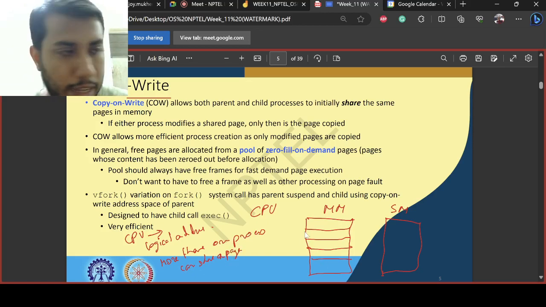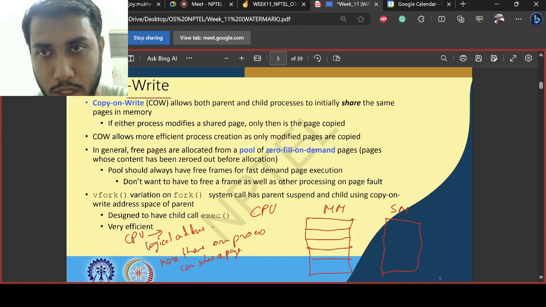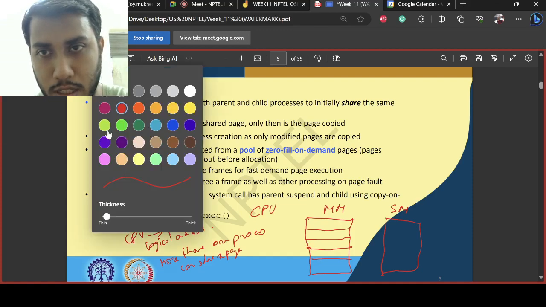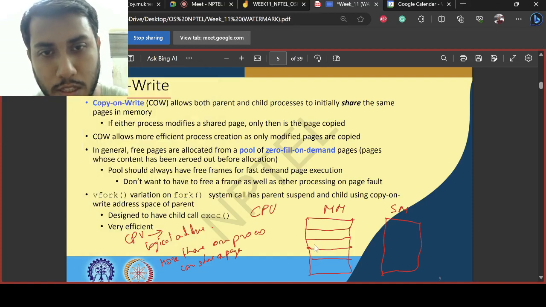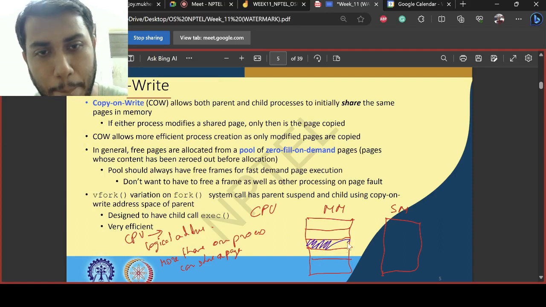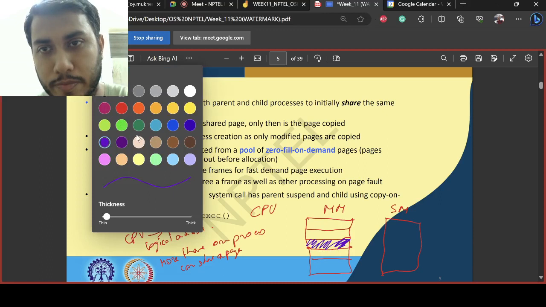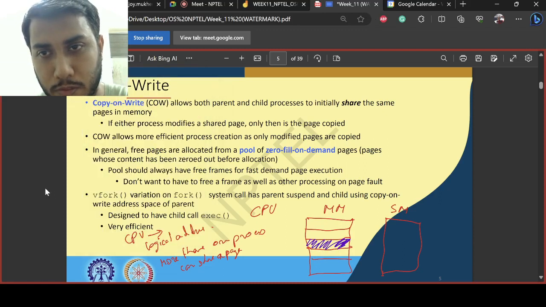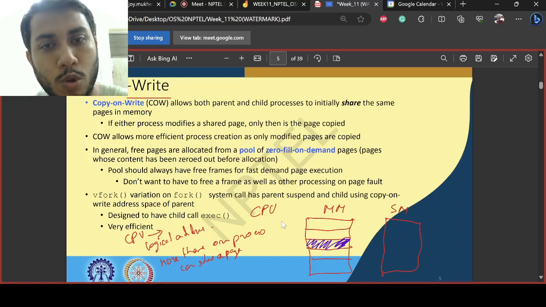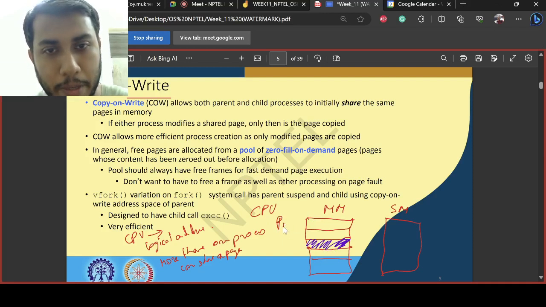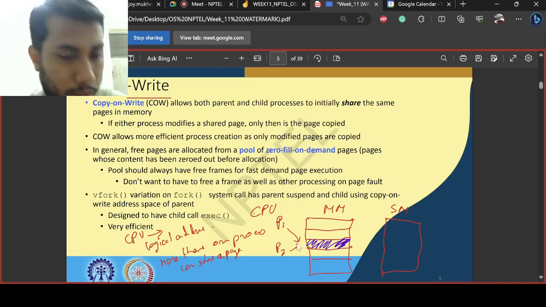So let's say this is a page which is shared by more than one process. Let's say P1 and P2 both share this same page, right?